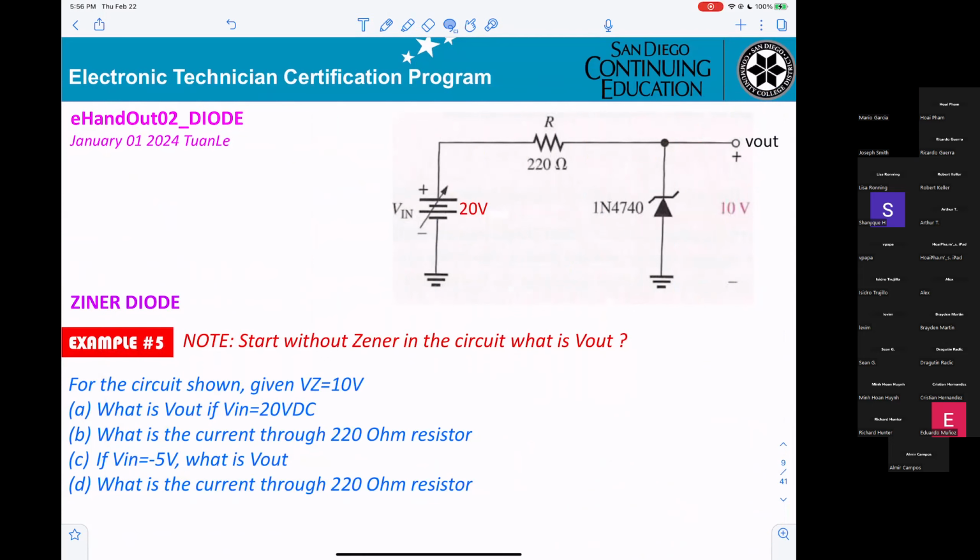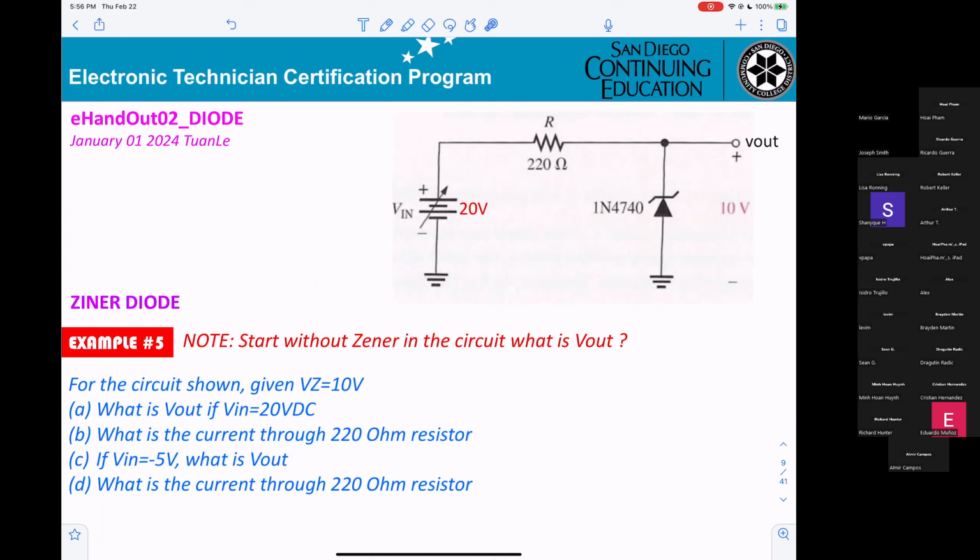0.7 volt. That's a key point you have to know. Okay, now, for this circuit, the Zener voltage is 10 volt. So, when you start working with a Zener diode, the first thing you check is whether the Zener breaks down or just works like a normal diode.